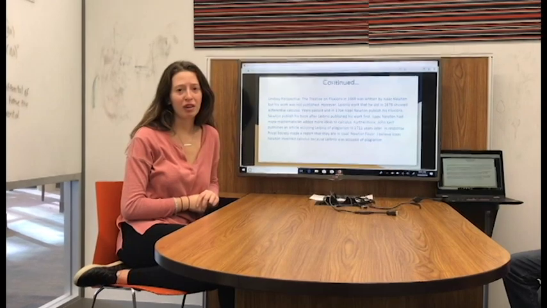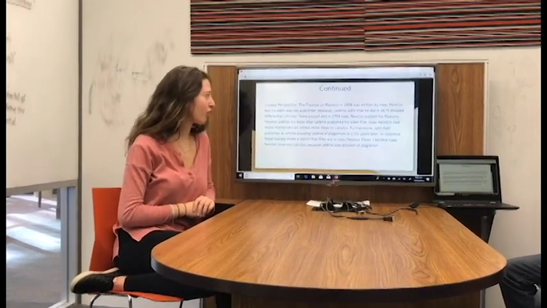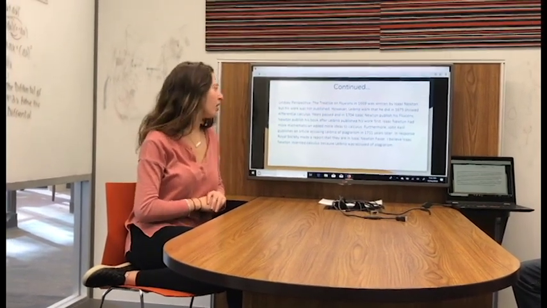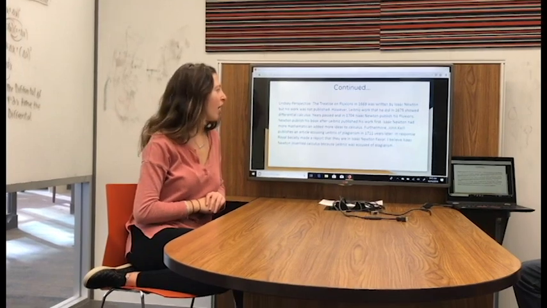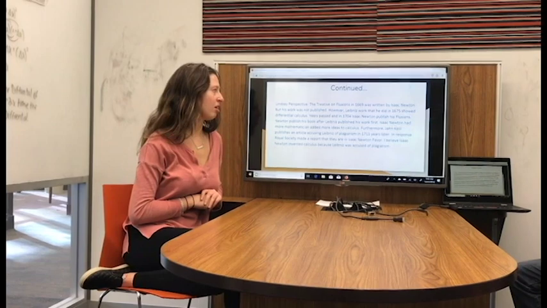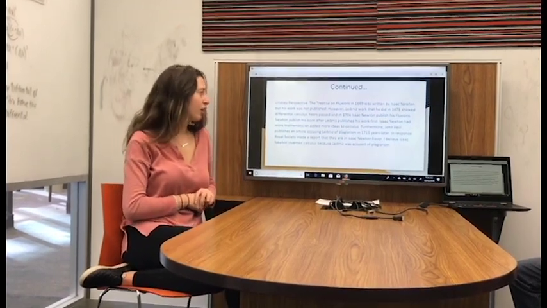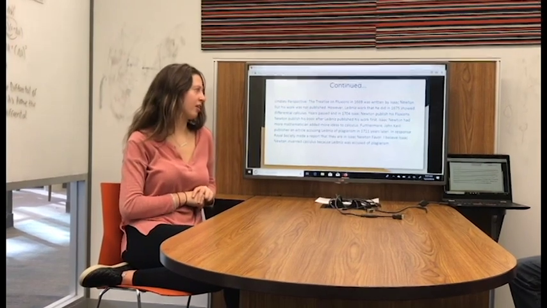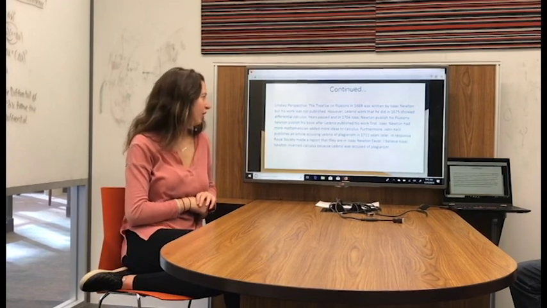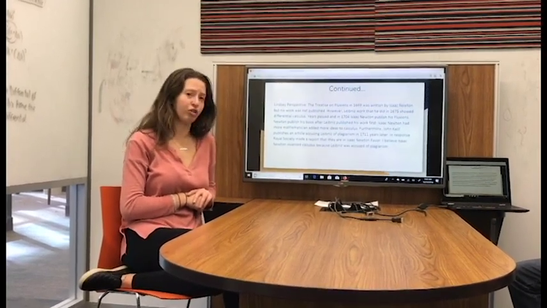This is our perspective continuum, and this is my perspective. The treatise on fluxions in 1669 was written by Isaac Newton, but his work was not published. However, Leibniz's work that he did in 1675 showed differential calculus. Years passed, and in 1704, Isaac Newton published his fluxions. Newton published his book after Leibniz published his work first.